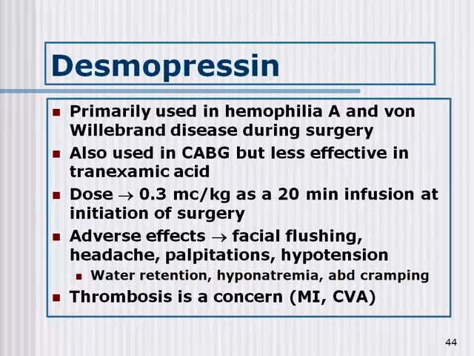Adverse effects: facial flushing, headache, palpitations, hypotension, water retention, hyponatremia, abdominal cramping. None of these are considered deal breakers in the patient going for CABG, because they're put under relatively deep anesthesia. And again, thrombosis is a concern.